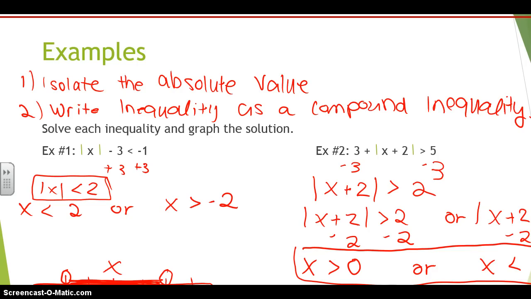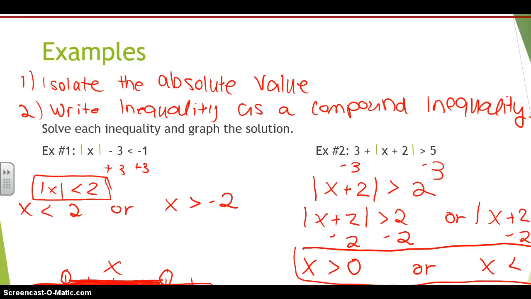So now let's graph. I have my number line. We have x is greater than 0.